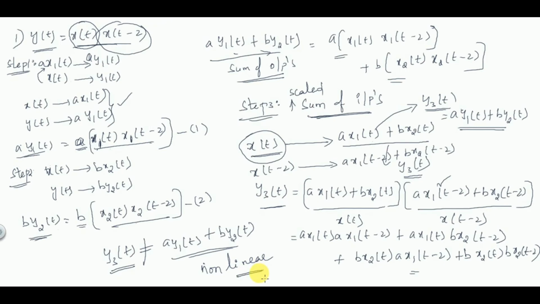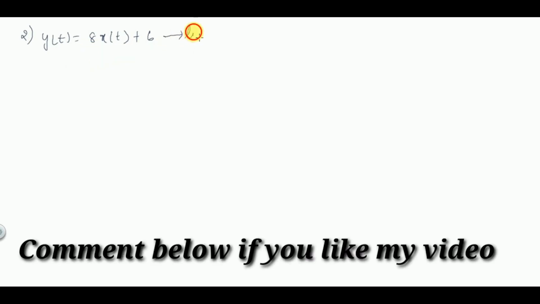So this is how we can find whether the given system is linear or not. Next question: y of t is equal to 8 into x of t plus 6. You are asked to find whether the given system is linear or not.